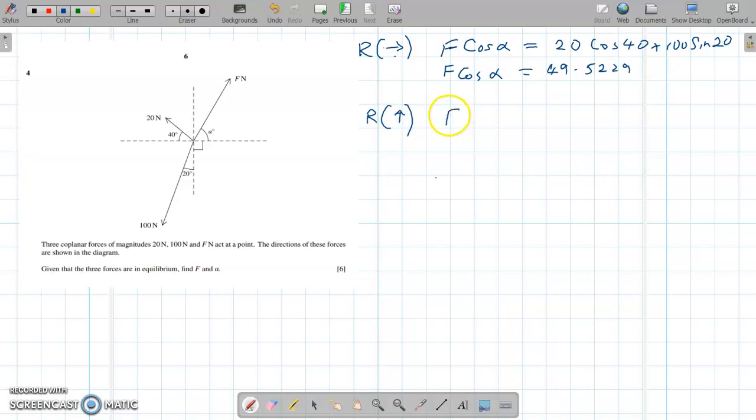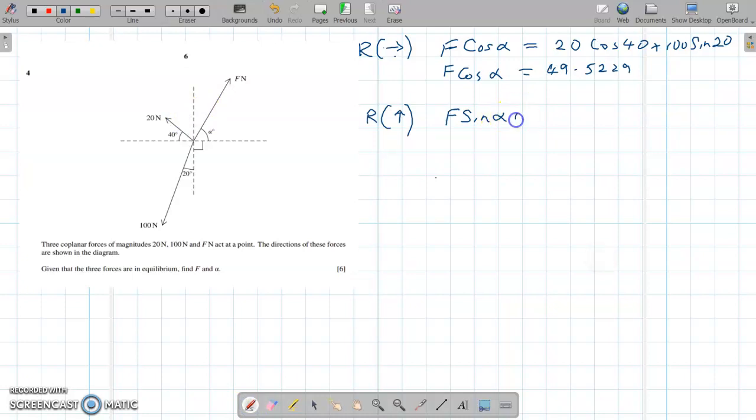Now we need to resolve that going up. We've already resolved it along this dotted line. Well, 90 degrees to it will be the same, but sine. So that's going to be F sine alpha. Now the 20 newtons is also going in the direction of up rather than down, so that's going to be positive.